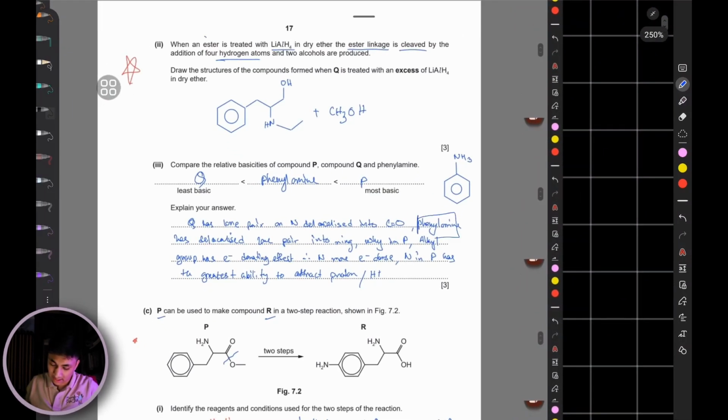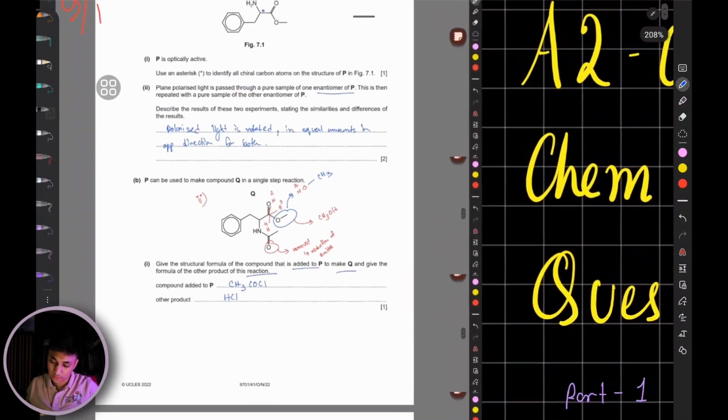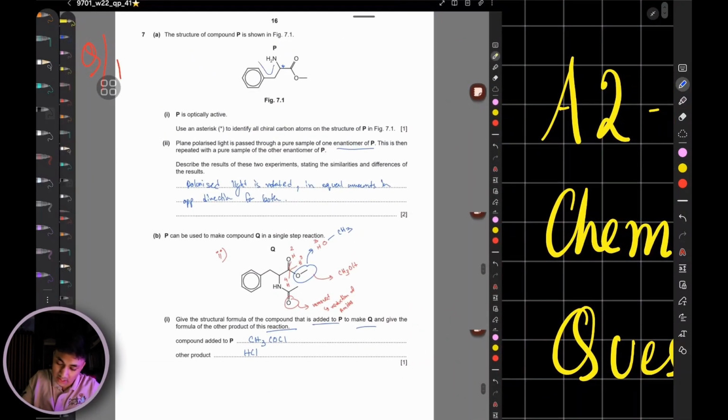While in case of phenylamine, these electrons are delocalized into the ring. While in P, the alkyl group that I mentioned over here, this R group, is going to have an electron donating effect, this specifically. So 1, 2, right? 3.